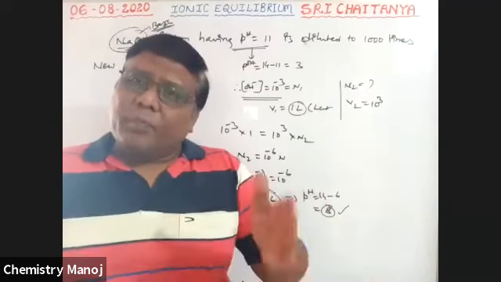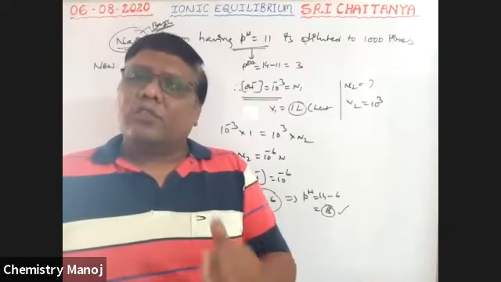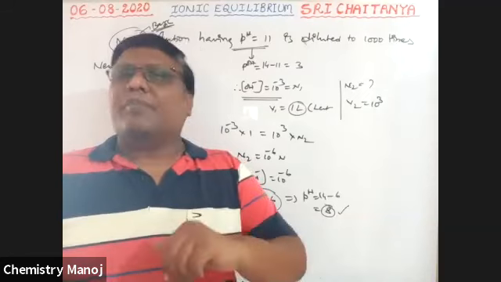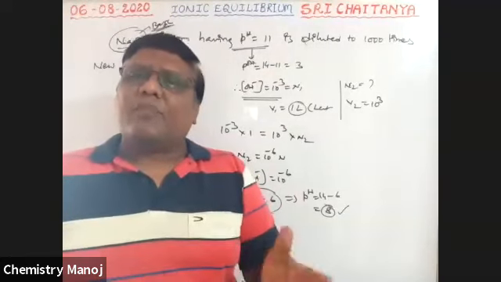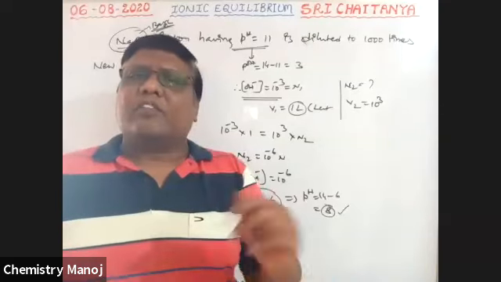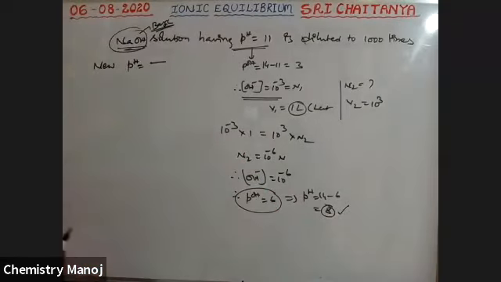For bases, pH decreasing toward 7 means it is 7 point something. This is the way to do the problem set. Very, very important.